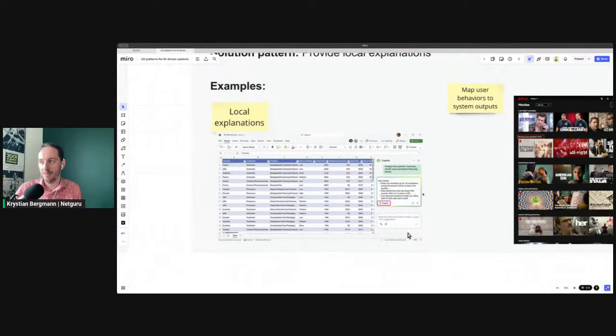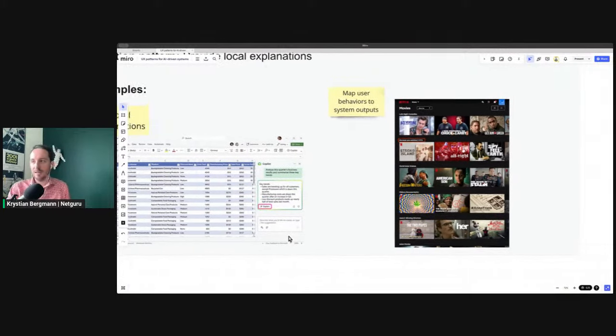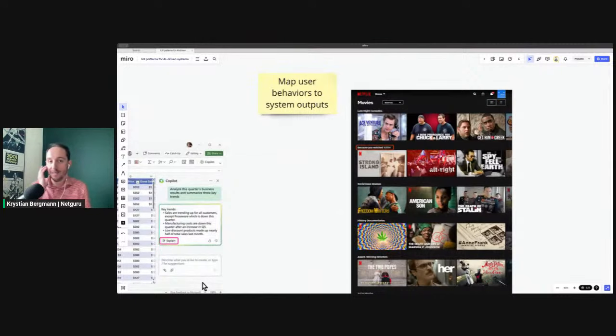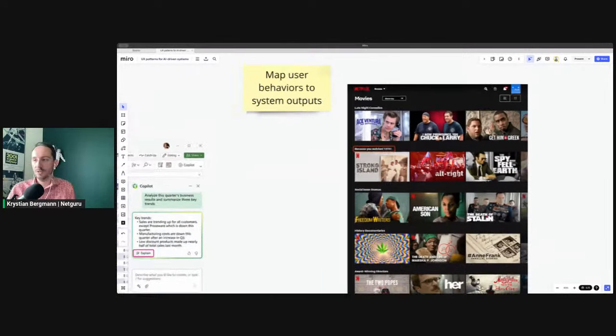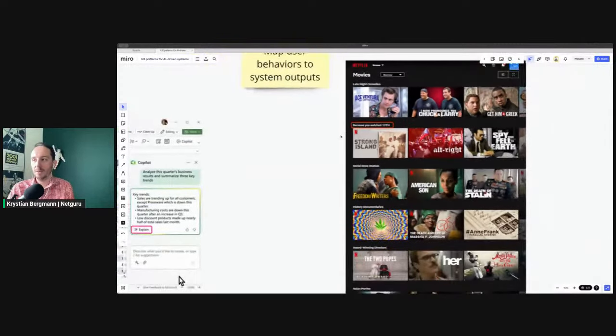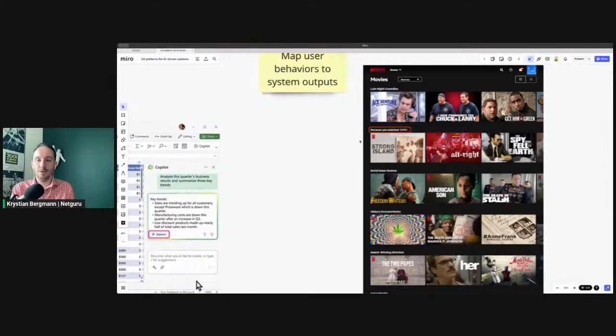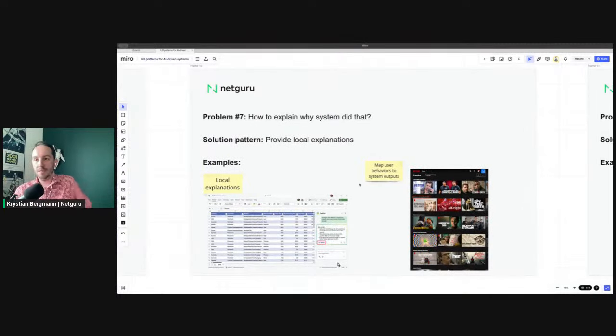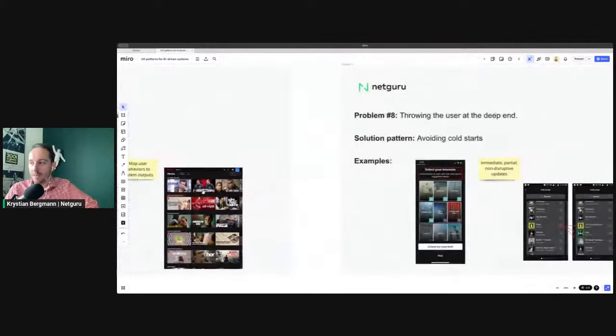How did you know that, right? And this is also what Netflix is doing in the recommendations, mapping user behaviors to system outputs, right? Because you watched something, you probably like this one. So exactly on the language level, explaining to users why the system did that, why the system recommended that, right? So this is problem number 7, explainability, and I would say one of the most important trends in UX patterns.